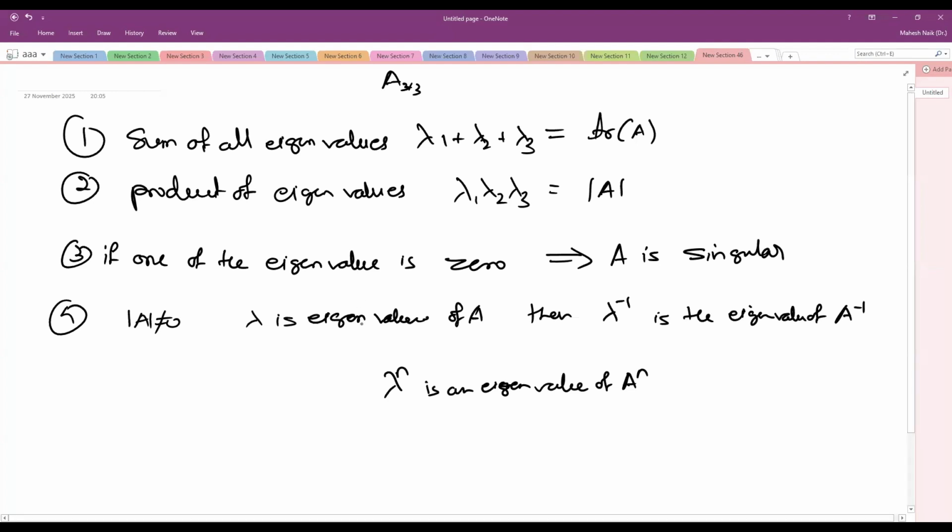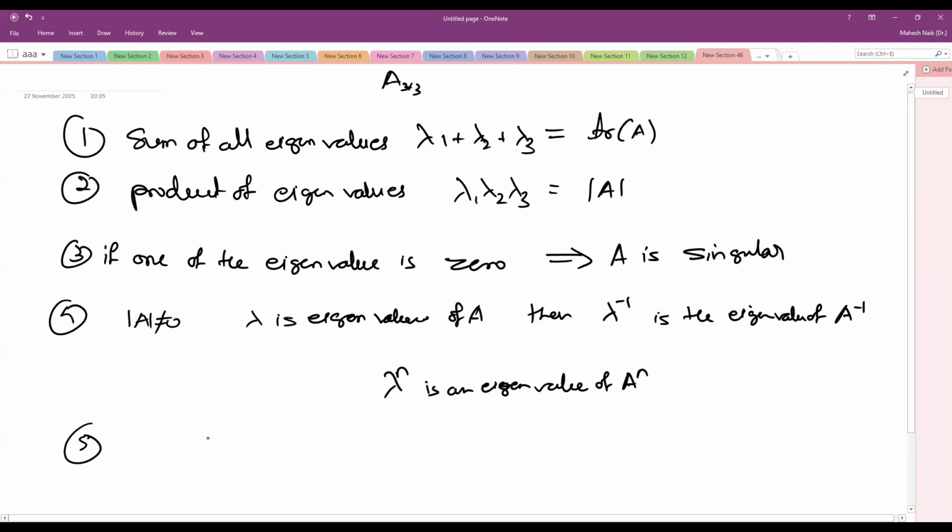We have already seen that in the case of an orthogonal matrix or a unitary matrix, the determinant is equal to plus or minus 1, which can be used to fetch out the eigenvalues.